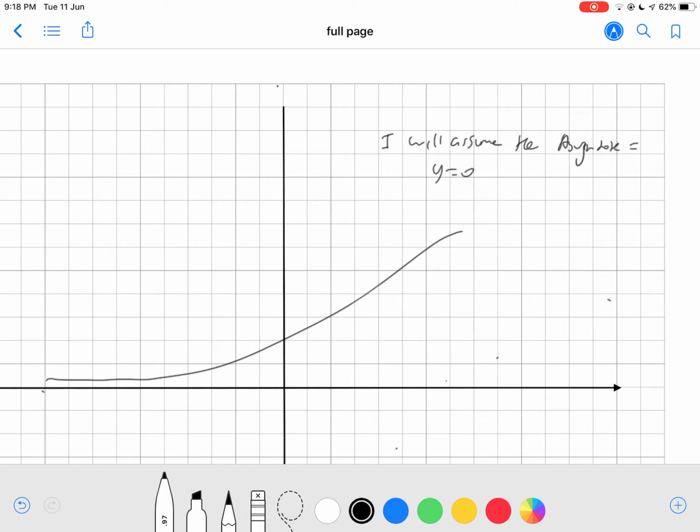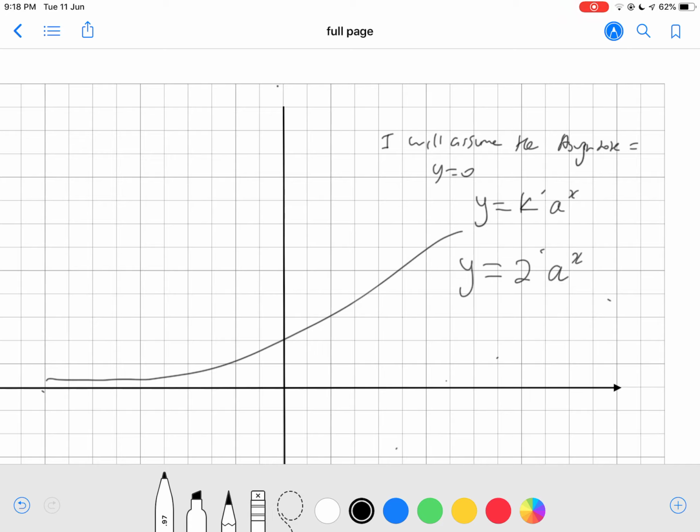So therefore we can say y equals k times a to the power of x. Now we're going to look at the y-intercept. The y-intercept is at (0, 2), so this means that our k value is 2 because it intercepts at y equals 2. So therefore, we'll say y equals 2 times a to the power of x.